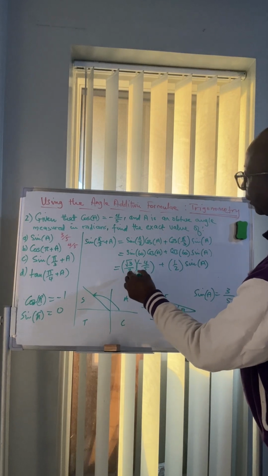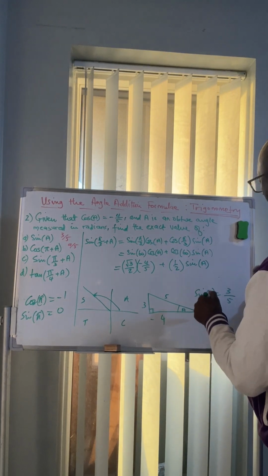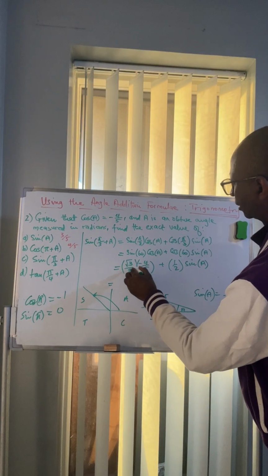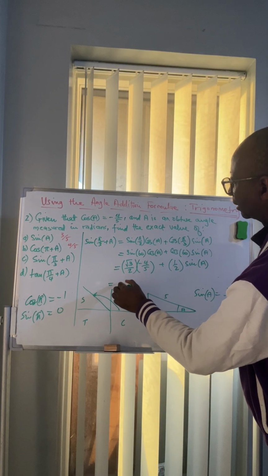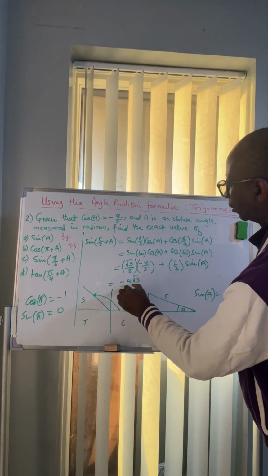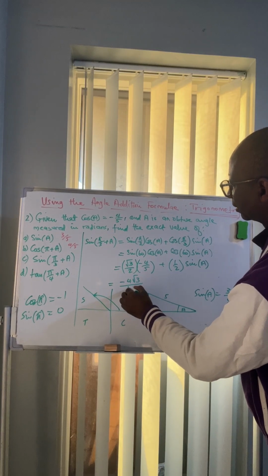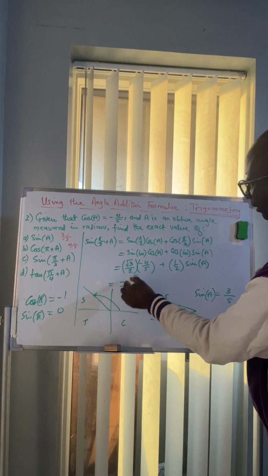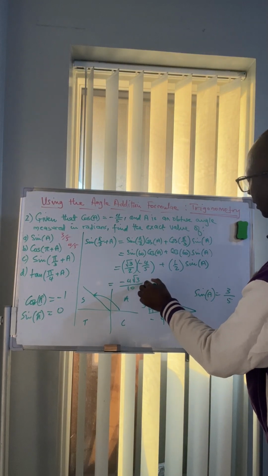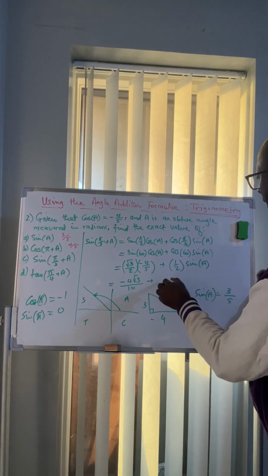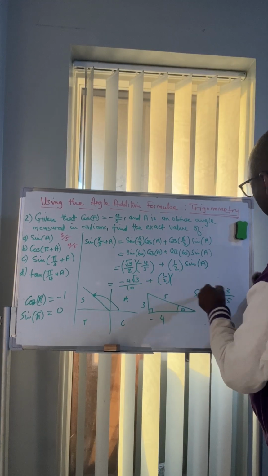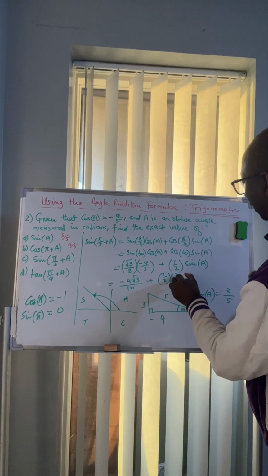So then we have here minus 4 root 3 all over 2 times 5, which is 10. I'm multiplying now. The minus 4 times root 3, minus 4 root 3, 2 times 5 is 10. Now you have plus here. Now you have, we know, this is 1/2 times 3 all over 5.